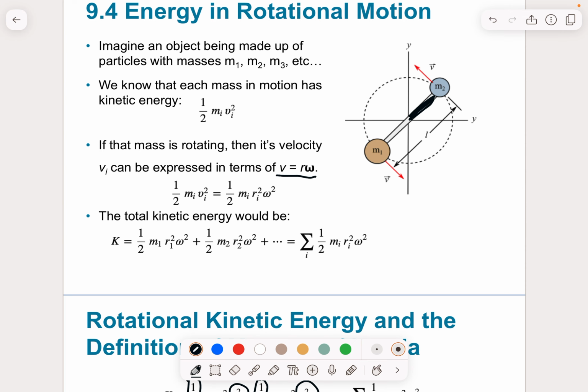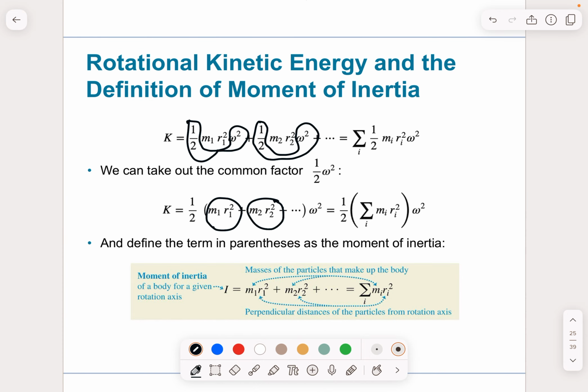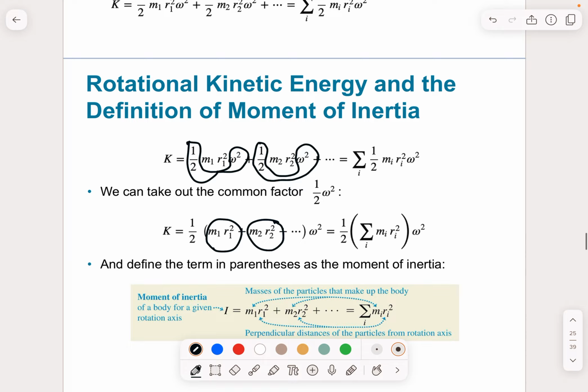Because v equals r omega. So now the mass aspect of kinetic energy has this extra term multiplied by it, which is simply the distance that the object is from the rotation axis, right? And it's squared because v equals r omega, and that v was squared, right?